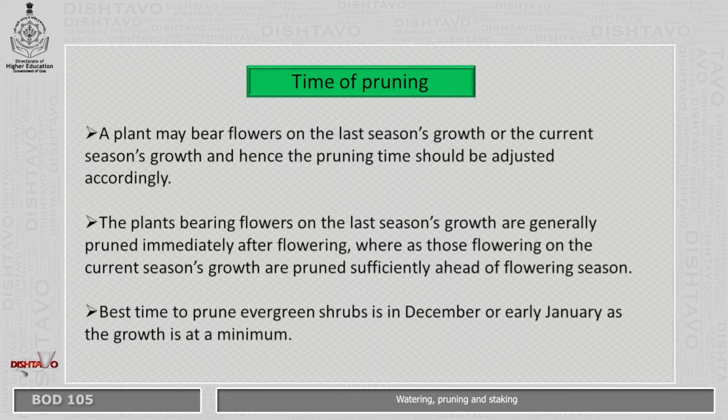The plants bearing flowers on the last season's growth are generally pruned immediately after flowering, whereas those flowering on the current season's growth are pruned sufficiently ahead of flowering season. Best time to prune evergreen shrubs is in December or early January as the growth is at a minimum.